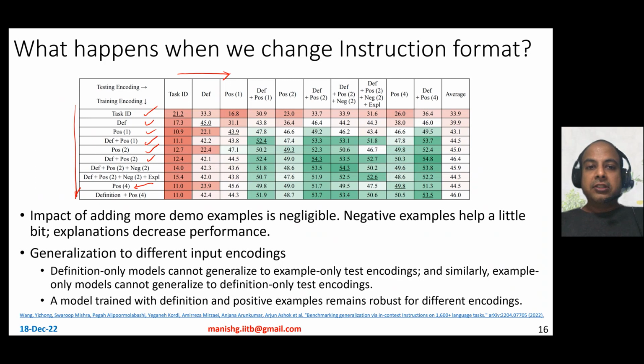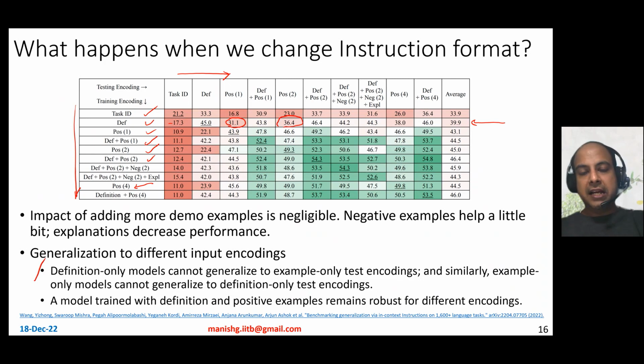Now, they also try to check, if you train using a particular encoding and test using some other encoding, what happens? So interestingly, definition only models cannot generalize. If you look at definition only models, well, this is a row. You see that they cannot generalize to example only test encodings, the ones that don't contain the definition, right?